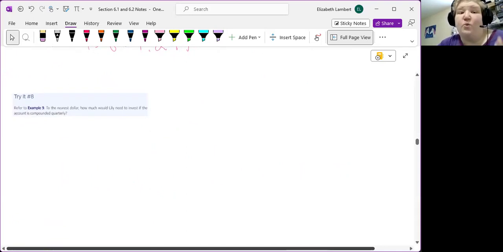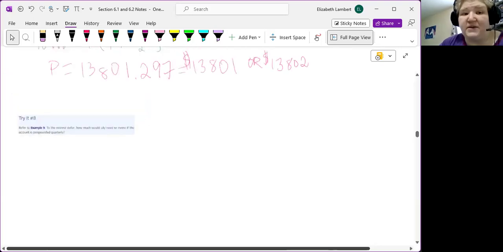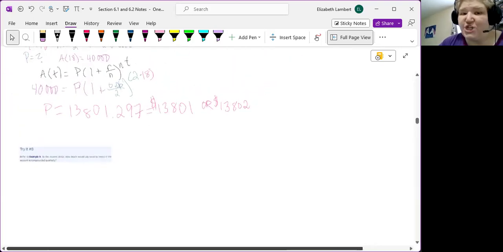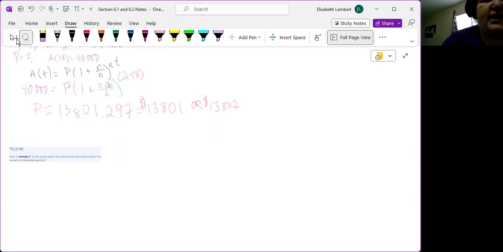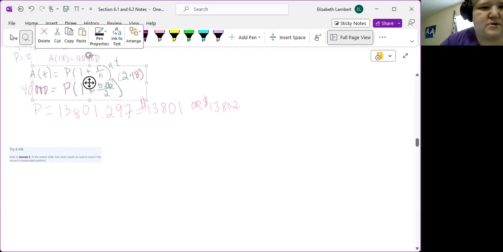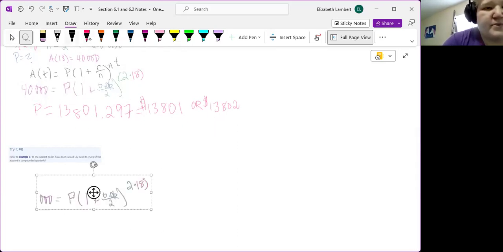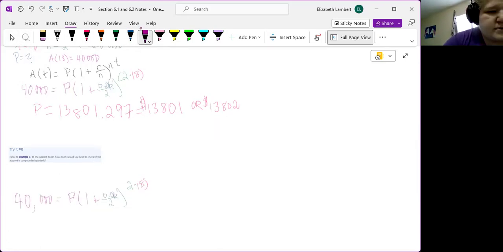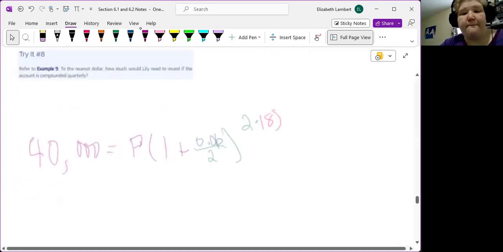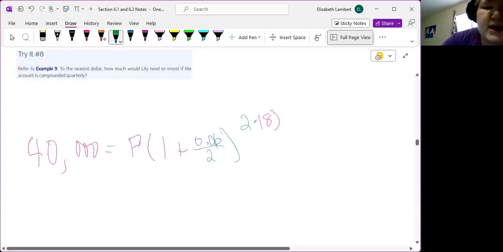Now it says here, what if instead we were going to get it compounded quarterly? How does that change? So quarterly is our n value.